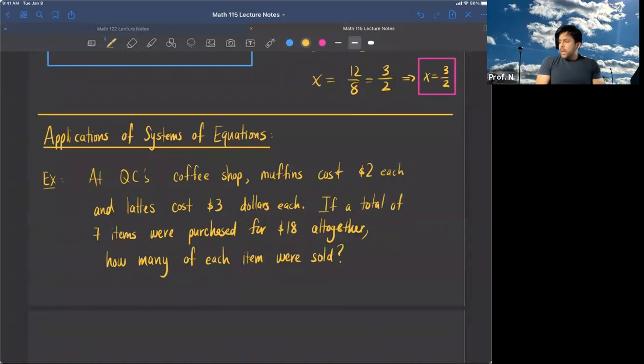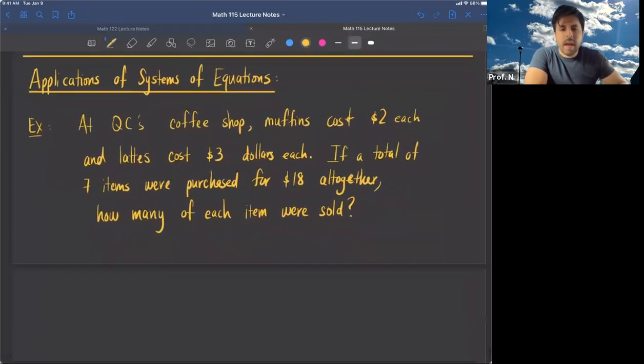Now you may be looking at me like I'm strange because you're like, wait a minute, what does this have to do with systems of equations? Does anybody see how systems of equations are applicable here?